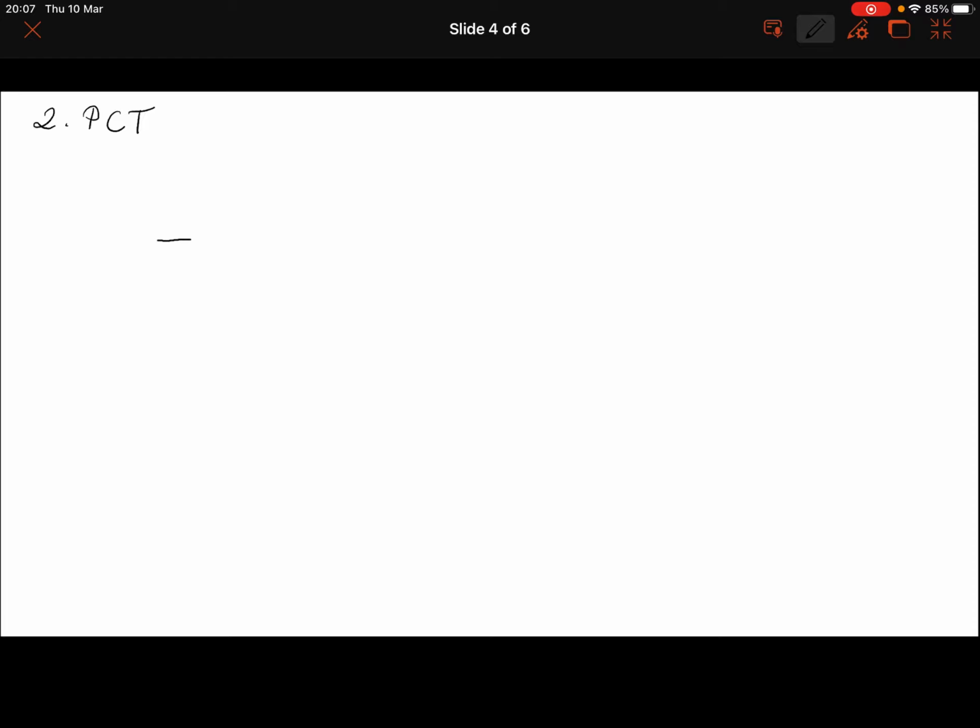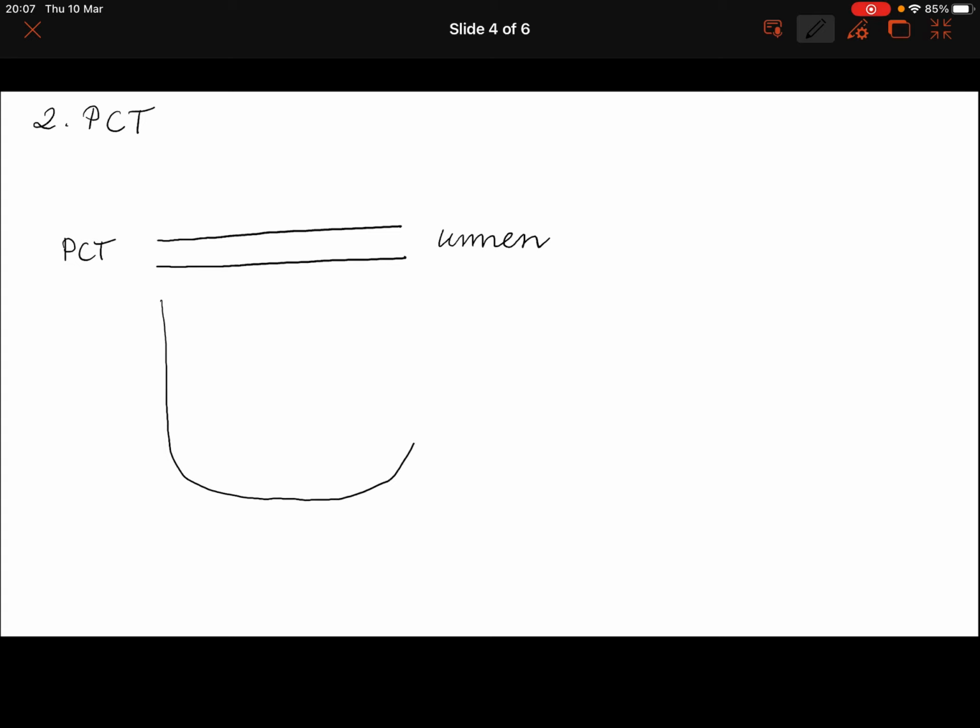So, of the renal capsule that we were looking at a second ago, we've got the proximal convoluted tube. Imagine this is the lumen of the proximal convoluted tube. Here we'll have the epithelial cell within the proximal convoluted tube.